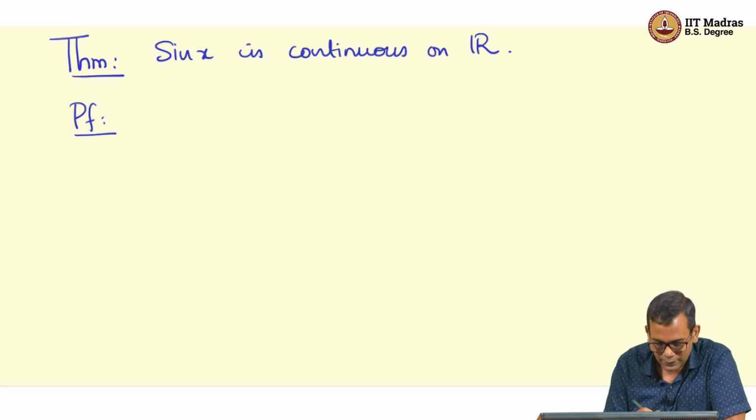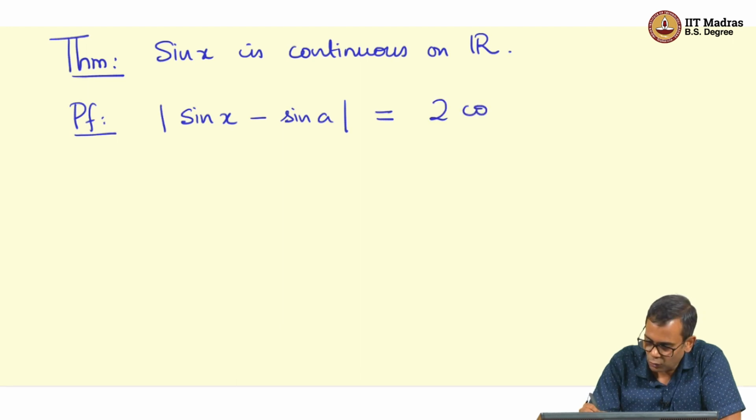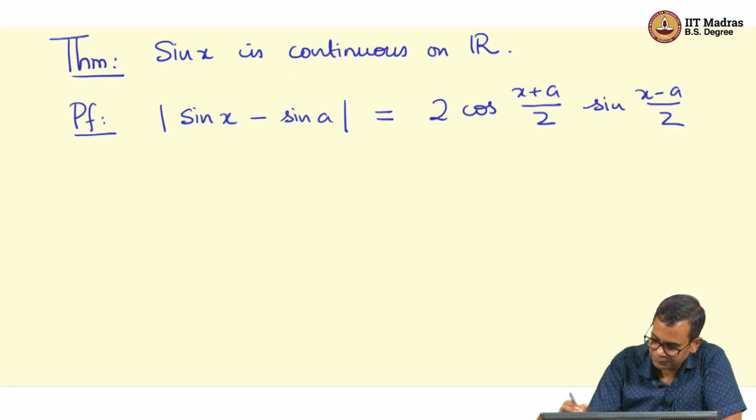In order to do this, we would like to bound the difference between sin x and sin A. Now, from trigonometry, you might recall that sin x minus sin A is 2 cos of x plus A by 2 into sin of x minus A by 2.